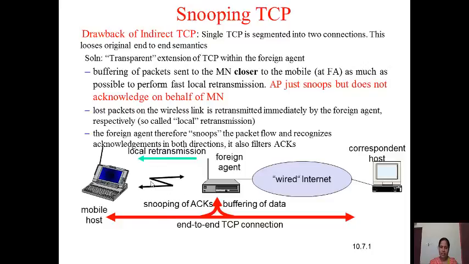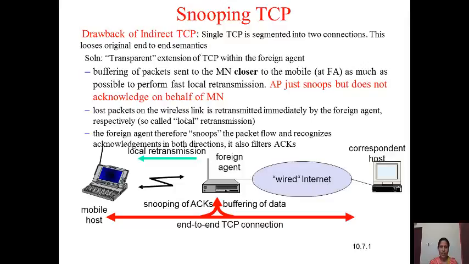Because of which the retransmission could take place in a faster manner, and it could also be local. The only role of the access point here is to just snoop, right? As it did in the indirect TCP, it does not provide any acknowledgement on behalf of the mobile node. It just snoops and goes through whatever is happening between the mobile node and the correspondent node.